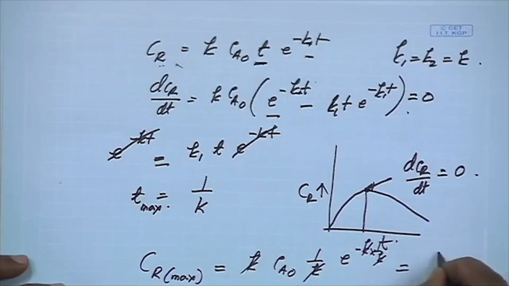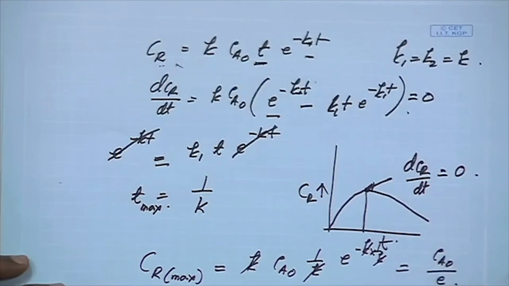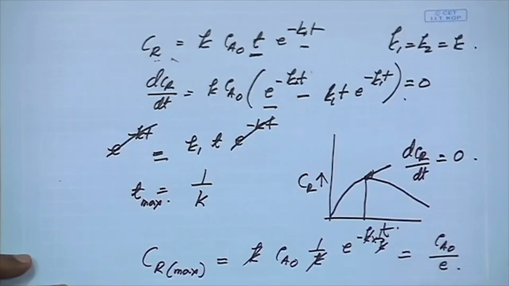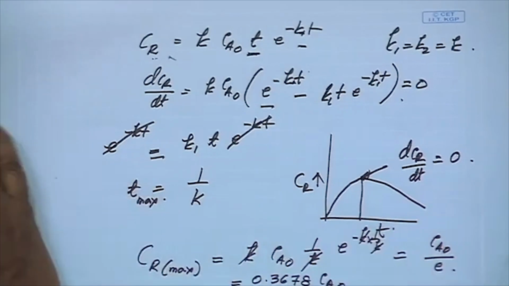So I can write this as Ca0 into e to the power minus 1, and the e to the power minus 1 value is 0.3678, so Cr max is 0.3678 into Ca0. So I can easily calculate the maximum value of Cr in this particular problem.